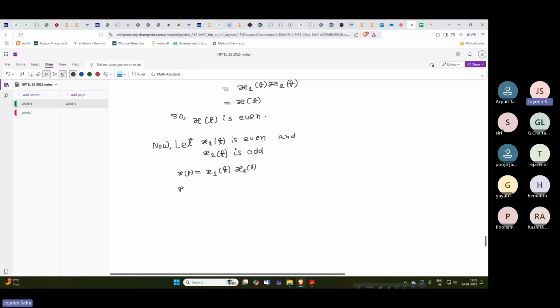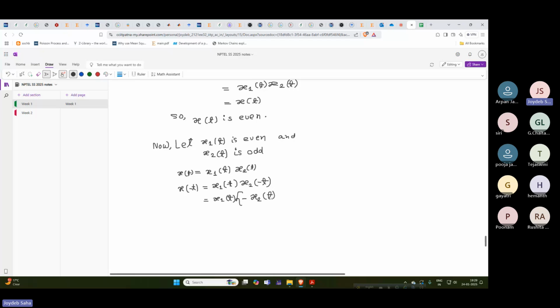and x(-t) is equal to x1(-t) into x2(-t). Since x1 is even, this is x1(t), and x2 is odd, so it is multiplied with -x2(t).